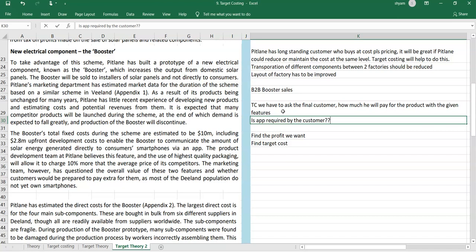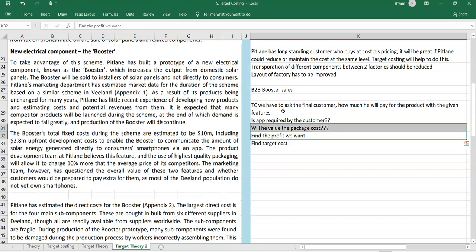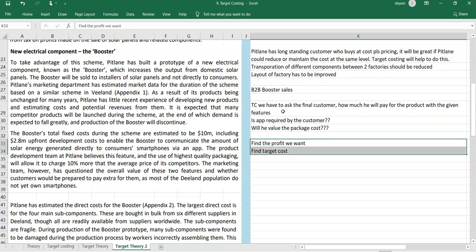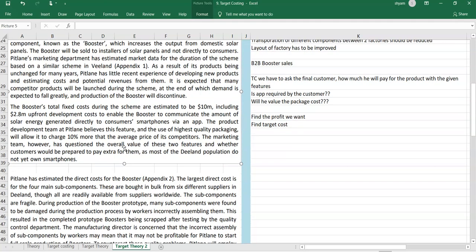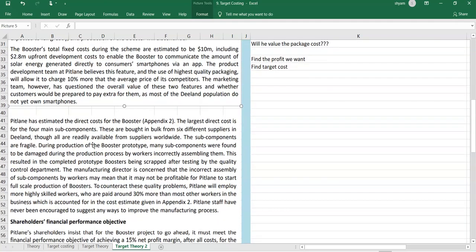Okay, that's a question we have to ask. Will he value the package cost? Okay, that we have to ask. So unless we have answers for that question, we cannot go for a target costing. So let's see here.